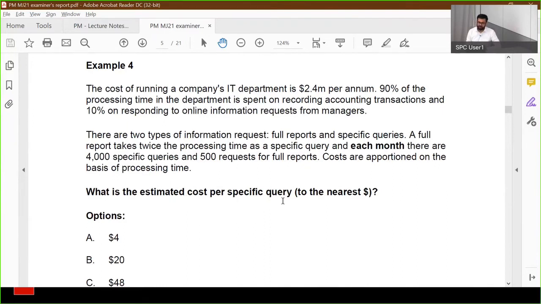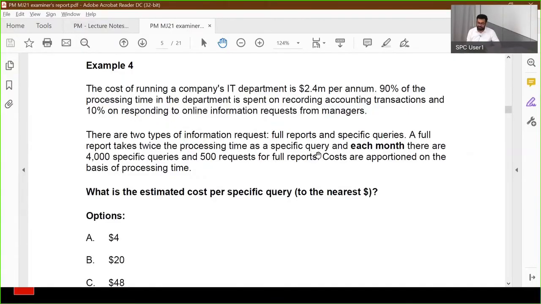In this question, $2.4 million is our total cost. 90% of the cost is for accounting transactions, which they are not asking about in the requirement, so that's ignored. Only 10% is for information requests, and because a specific query falls within the information requests, we will be taking only 10% of the cost.